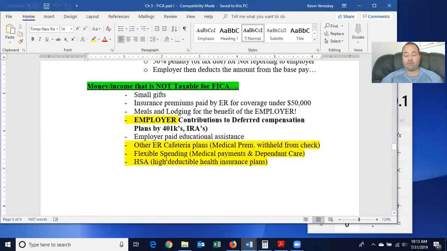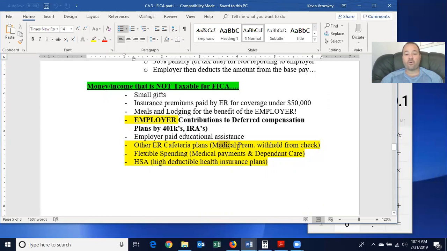And let's just go through the ones that I have definitely highlighted. Anything that your employer puts into your 401k, so you put money aside, but then a lot of times your employer will match it, that is not taxed for FICA ever. Not now and not later when you take it out of your retirement account. It's not taxed for FICA.